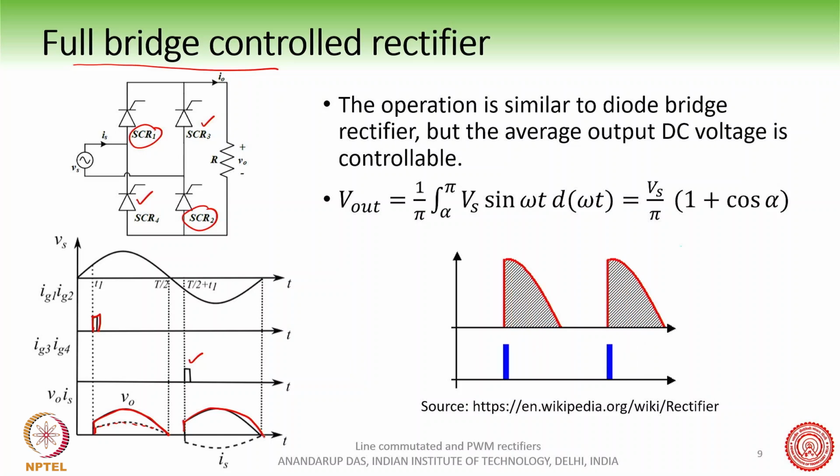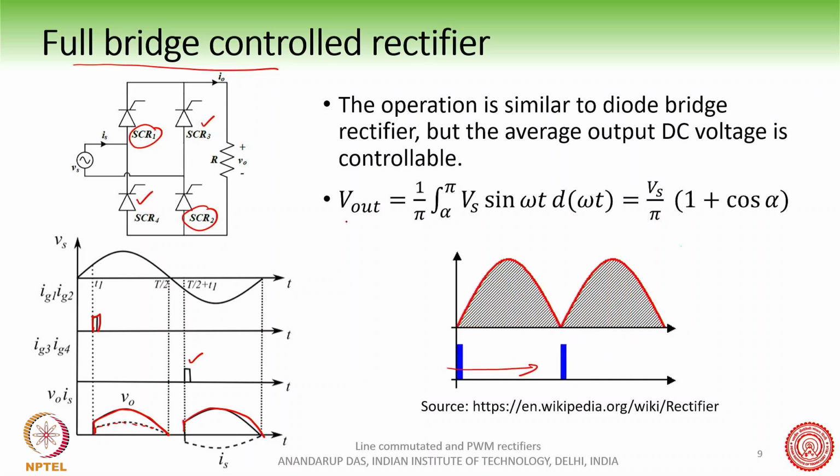In a half bridge control rectifier we could not use the negative half of the AC cycle, which we can now use with a full bridge control rectifier. You can see here an animation we have taken from Wikipedia, showing how the output voltage varies as you shift the value of alpha.